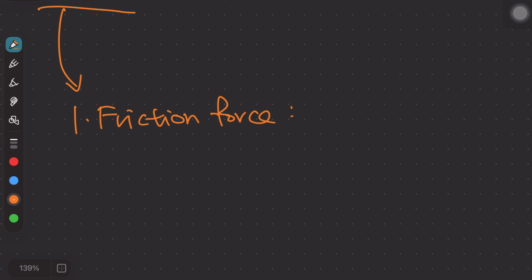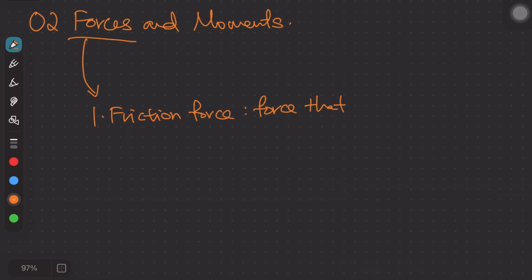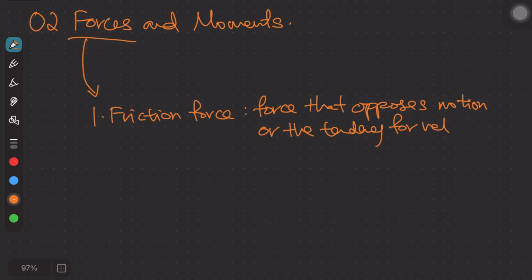Friction force is the force that opposes motion, or the tendency for relative motion.